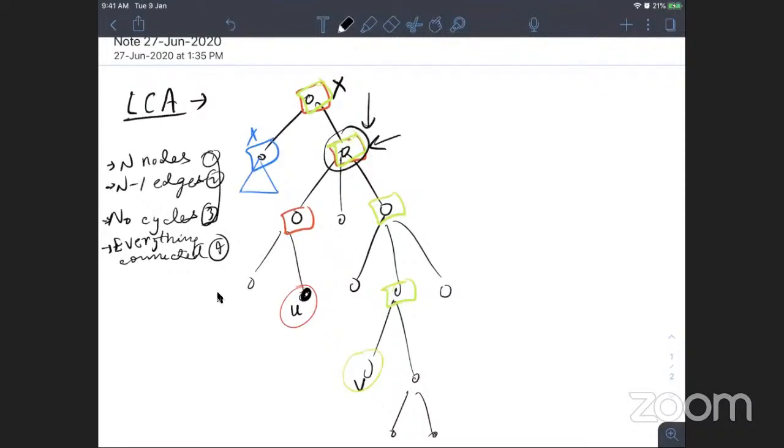Generally when you define LCA, you define it for 2 nodes. So LCA of U comma V is a node which I just defined: the lowest node that's an ancestor to both of them. I hope everyone is clear what LCA means in graph theory and trees in general.